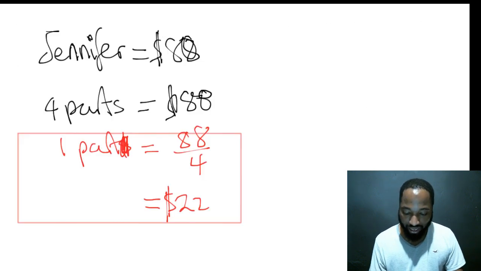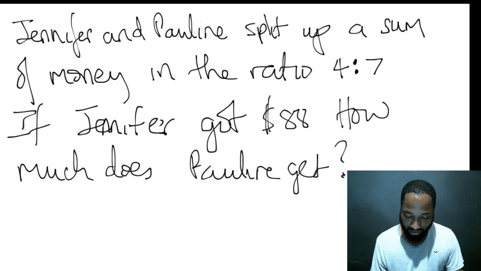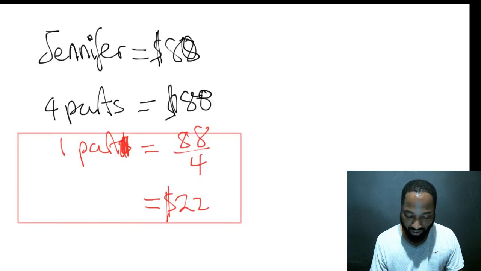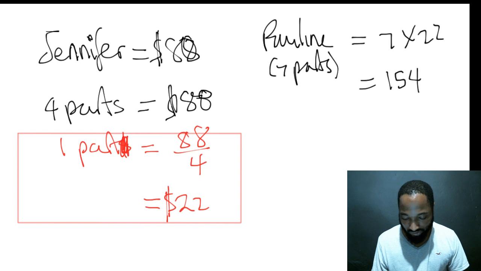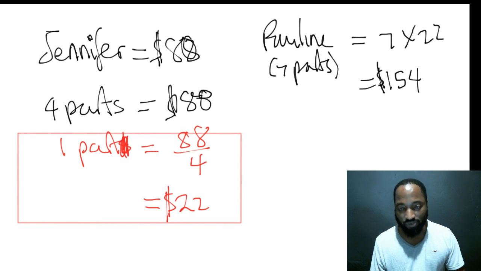How much does Pauline get? All you need to do now is say Pauline has 7 parts. So it's very easy to work out how much Pauline gets. Pauline will get 7 times this 22, which is 154. Pauline gets $154.